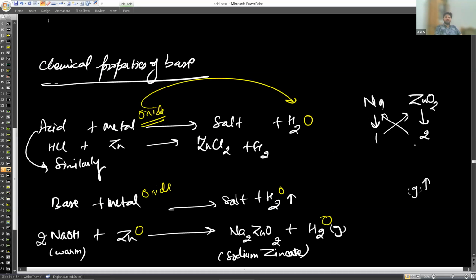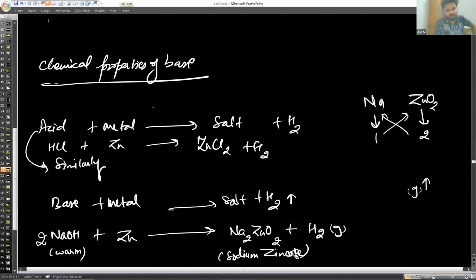Moving to the next part here. Now, if I'm talking about the chemical properties of bases, you know that acids react with metals.